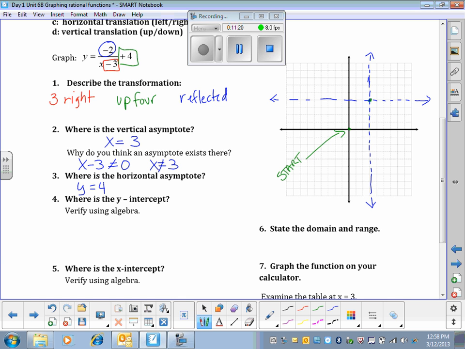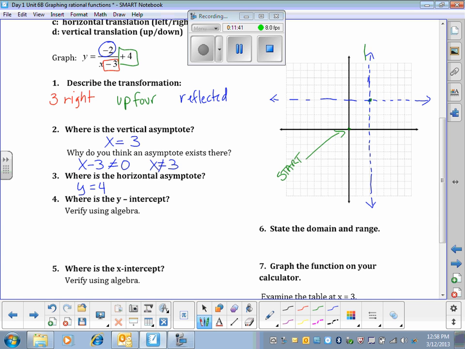Okay. Which quadrants are these going to be in? What's the parent one in? 1 and 3, right? The parent, and it reflects. Okay. It's reflected, right? So it's going to be in 2 and 4, right?